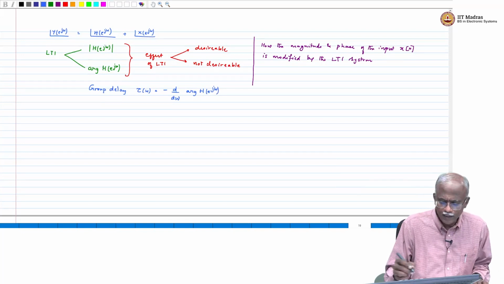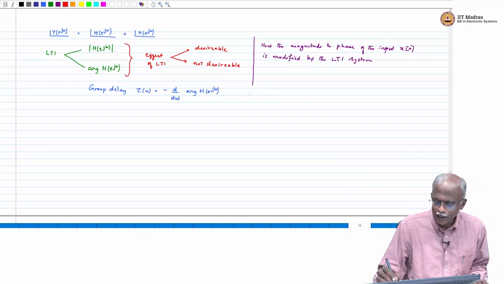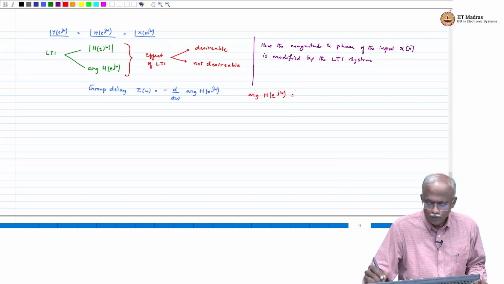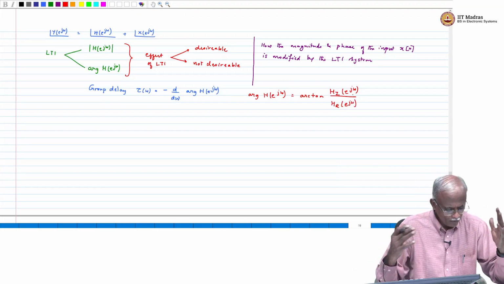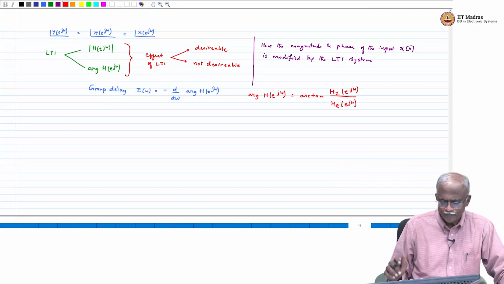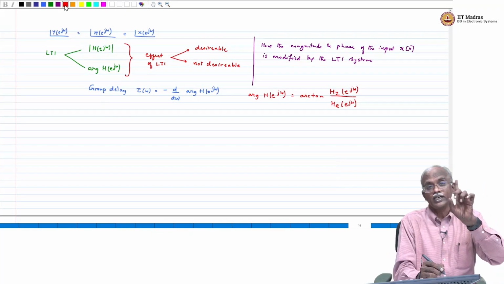But basically the argument of H(e^{jω}) is equal to arc tangent of the imaginary part of the DTFT divided by the real part of the DTFT. Okay, again this is something that we have already looked at.